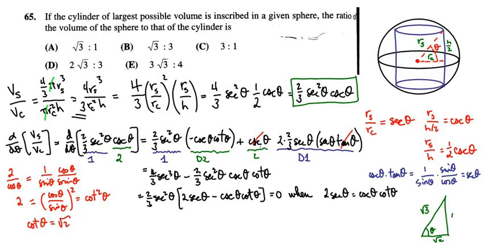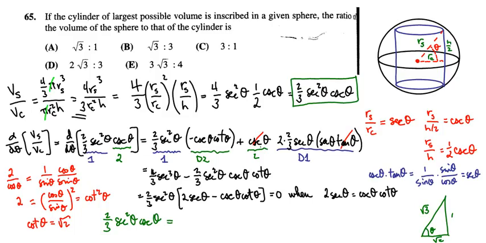So this is the value of theta. These are the ratios of the sides when theta is such that the volume of the cylinder is at a maximum, and the ratio of the volume of the sphere to the volume of the cylinder is at a minimum.